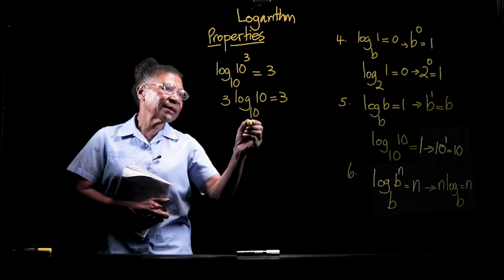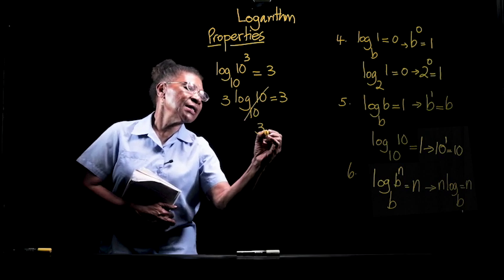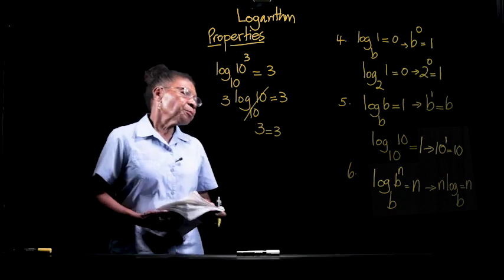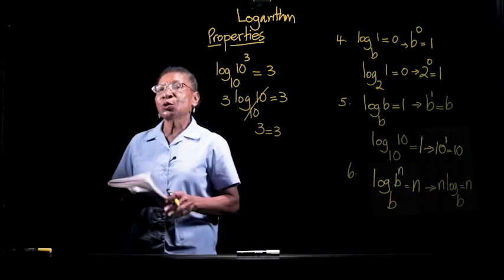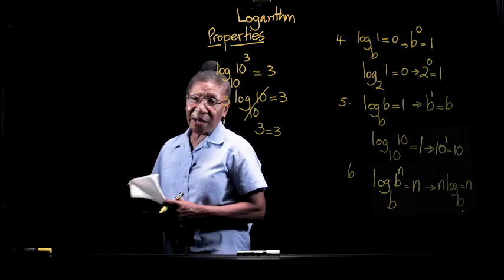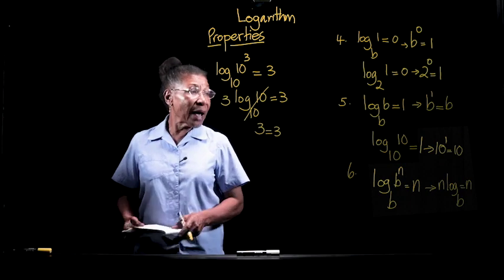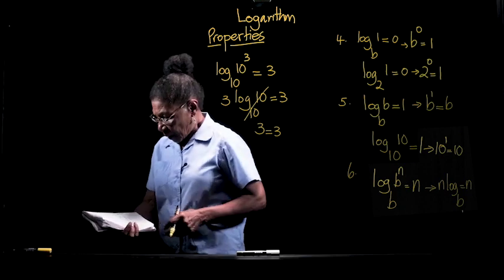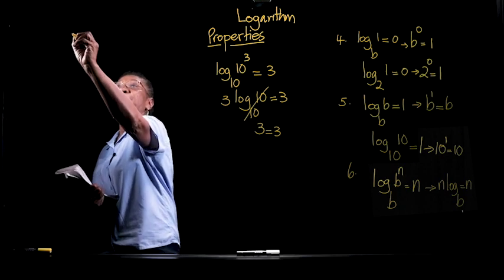So if that is correct, that terminates, and we have 3 is equal to 3. Now, having looked at these properties, let's try to apply the properties that we have looked at into actually solving an expression. And if that is correct, let's have an example over here.